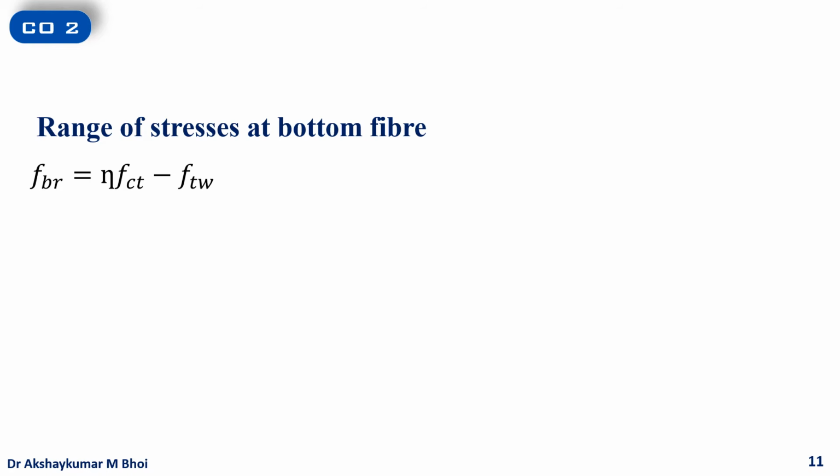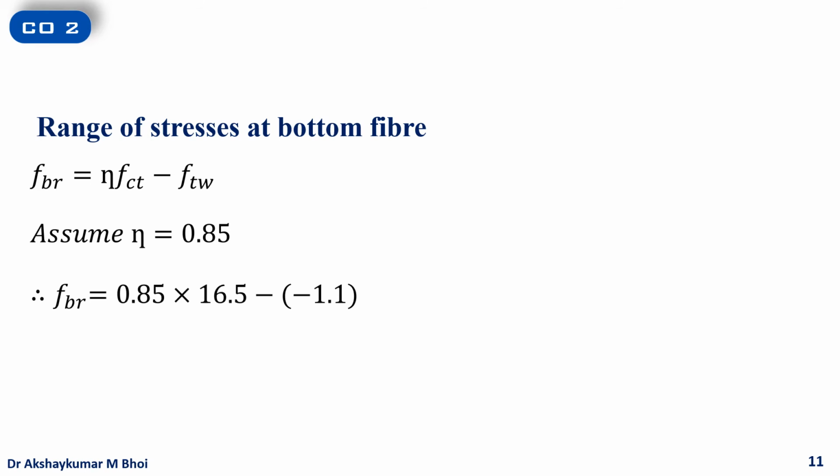If you put the values of the terms, assuming eta equal to 0.85, then FBR becomes 15.125 MPa. If you note, the value of FTW is considered negative 1.1 because FTW is a tensile stress and we consider compression as positive, so tension shall be considered negative.